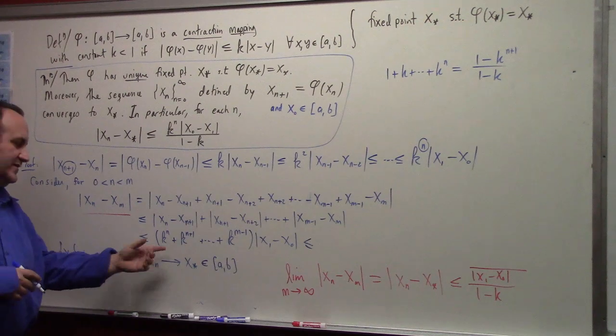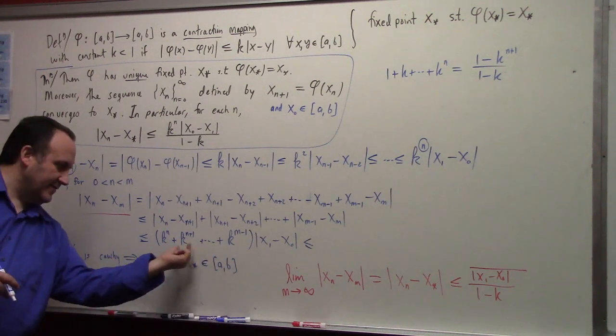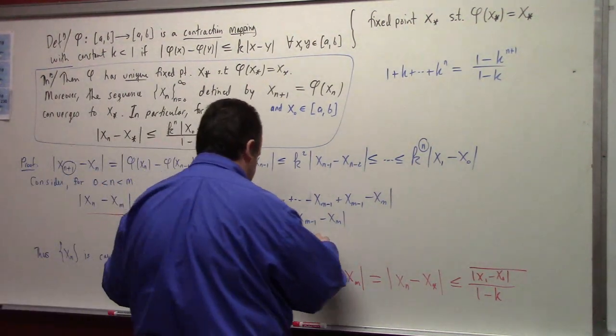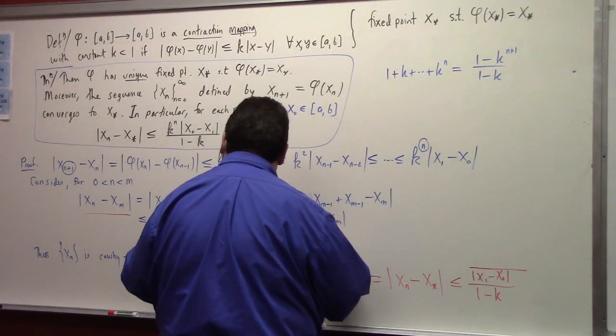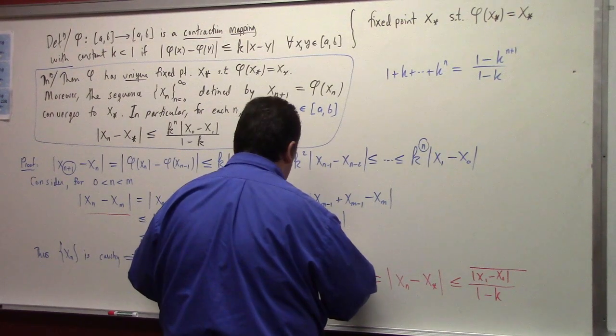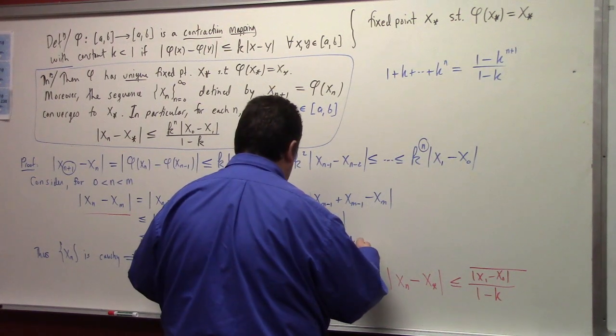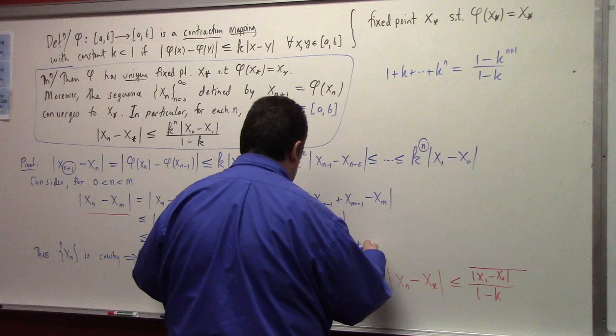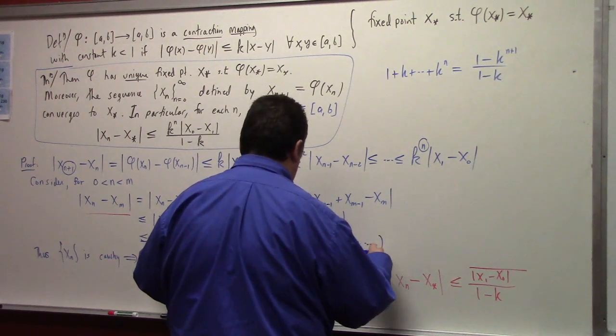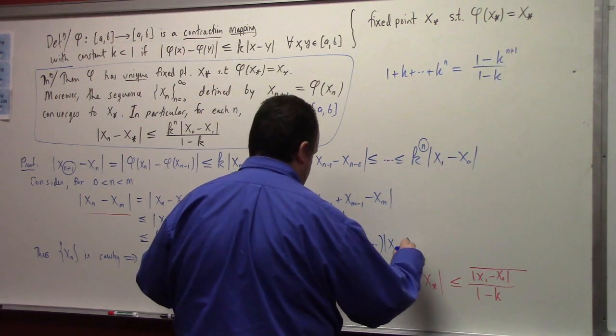So what I should have done is factor out k to the n. That's what the book has. I factor out the k to the n. Then that leaves me with a 1 plus k plus and so on, times the absolute value of x1 minus x naught.